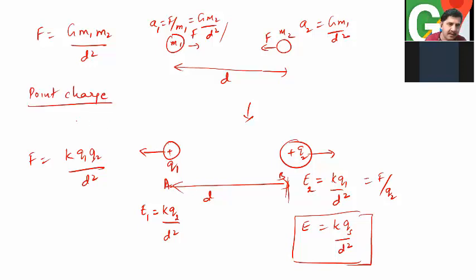Let us say I have a big object like this, having positive charges here and negative charges also here. Let us say there are 30 positive charges over here and 10 negative charges over here. The sum of these two charges is 30 minus 10, which is 20. Now the whole object, though it is dimensionally very large, I can represent by a point over here, and say the total charge on the object is equal to plus 20.